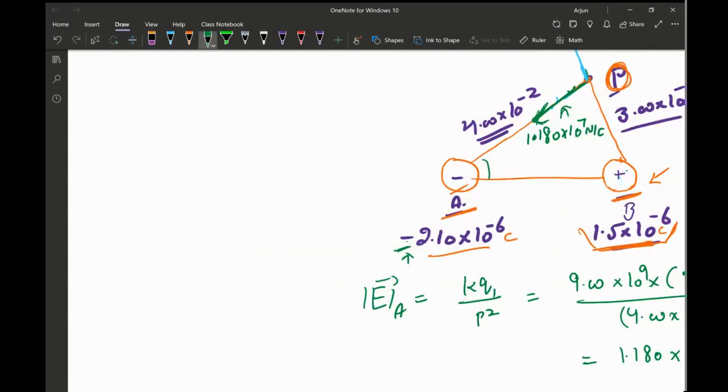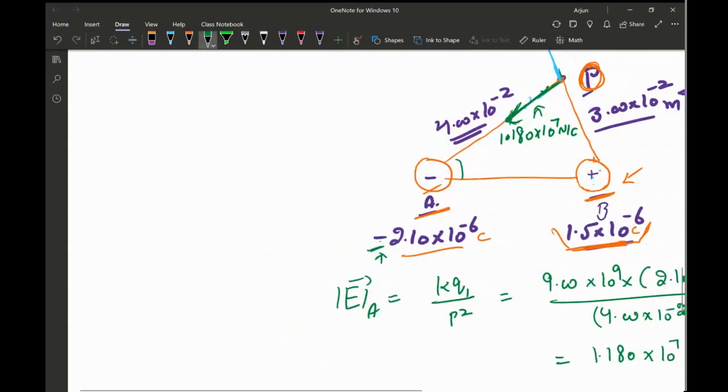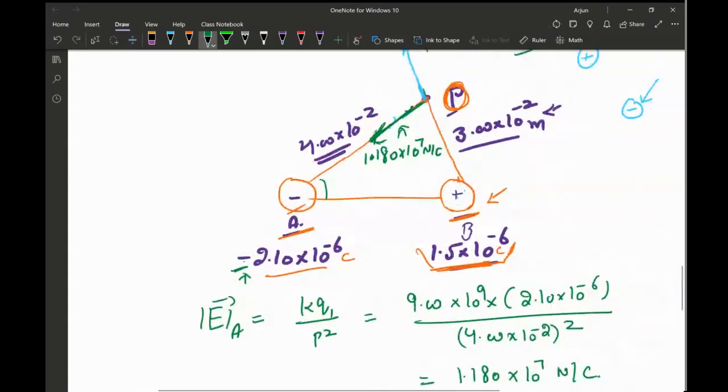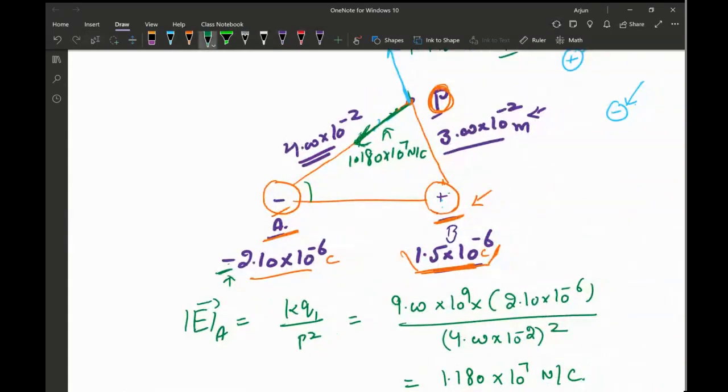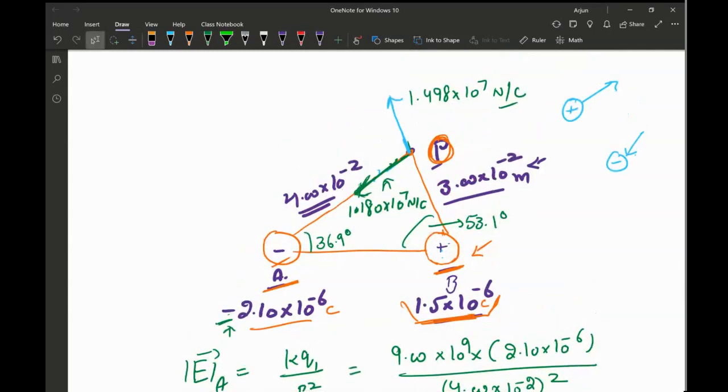Here, there is a piece of information which is missing in this diagram, which I'll mention right now. This angle is 36.9 degrees, and this angle down here is 53.1 degrees. If I do a little bit of geometry here, these two angles will be the same.